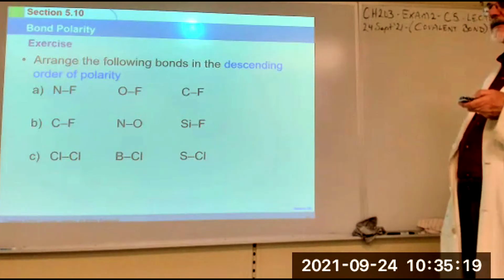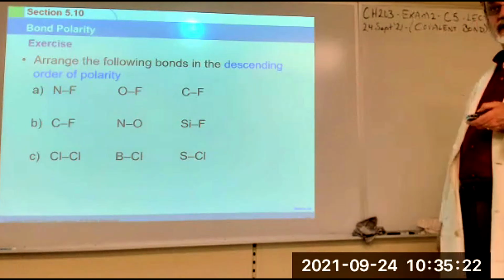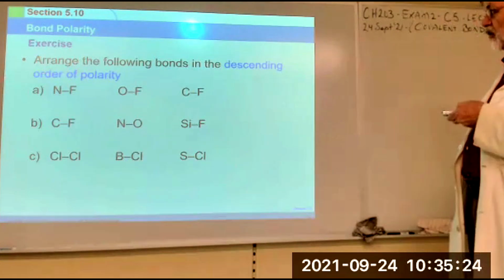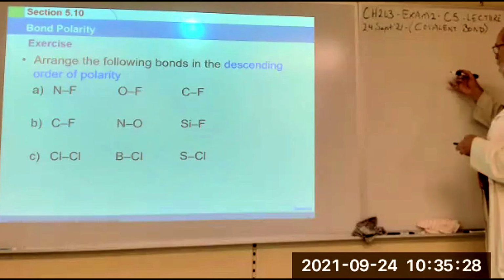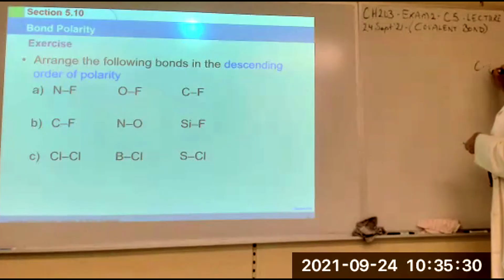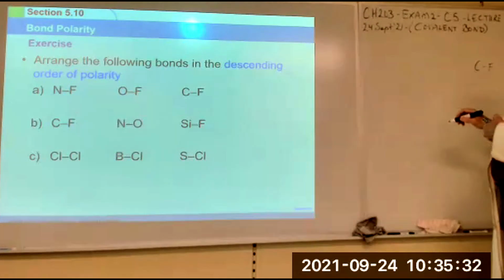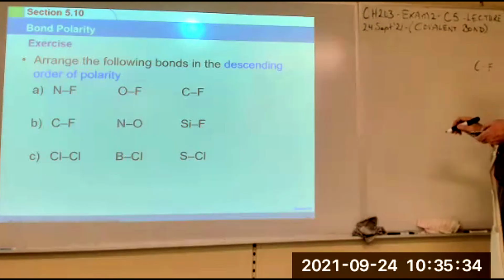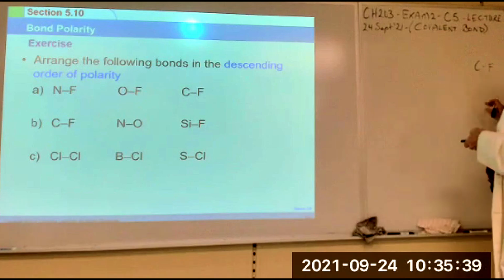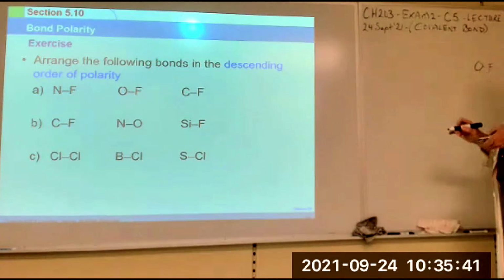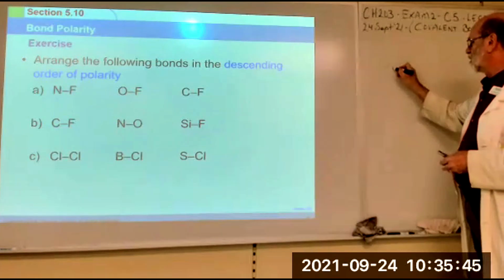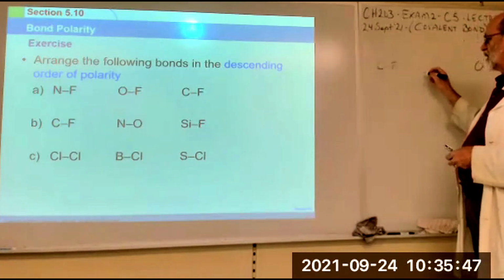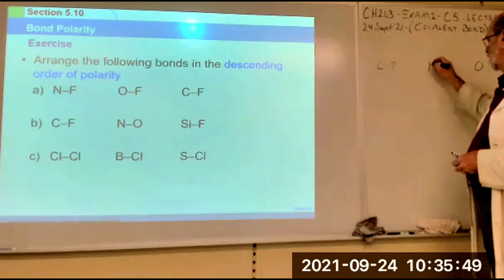Carbon, fluorine will be the greatest. Oh, excuse me, no, oxygen, fluorine would be least polar. They're closer together. Carbon would be the greatest. And then in the middle would be nitrogen.